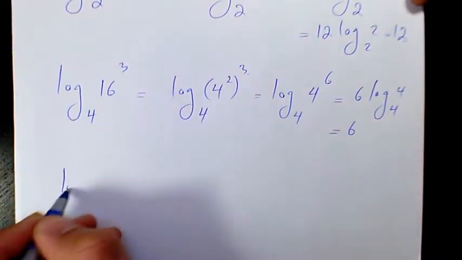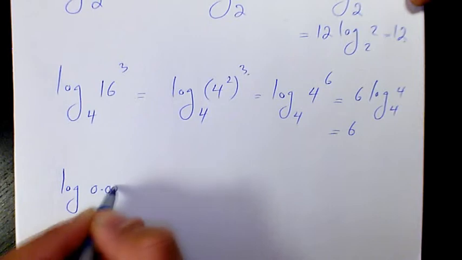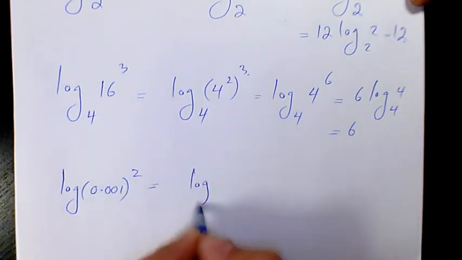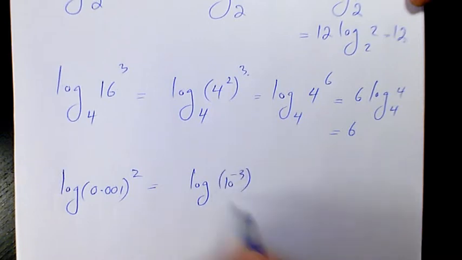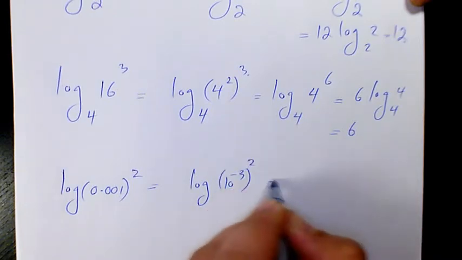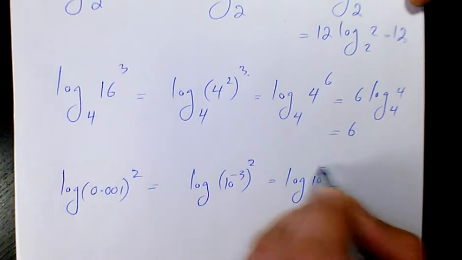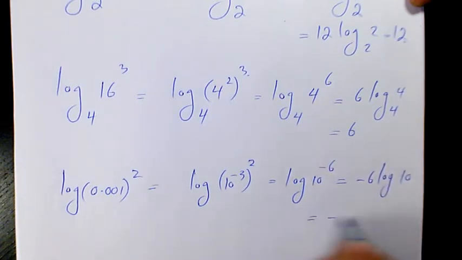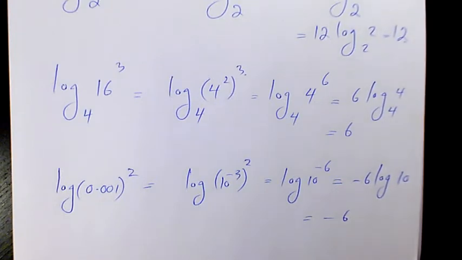Next one, log 0.001 to the power of 2 is going to be log 10 to the power of negative 3 to the power of 2, which is going to be log 10 to the power of negative 6. You make it a coefficient, negative 6 times log 10, and it's going to be negative 6.